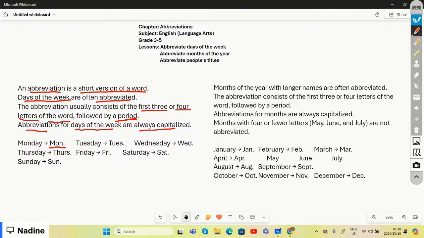It's not just a shorter word, it's abbreviated. Then we have Tuesday, and Tuesday is abbreviated to Tues. and a period. Wednesday is abbreviated to Wed., and don't forget your period.